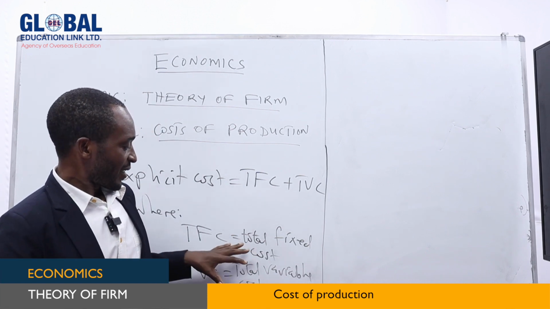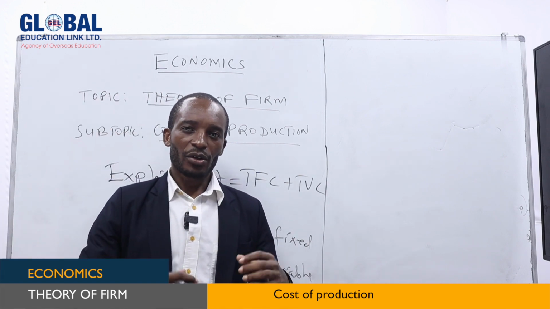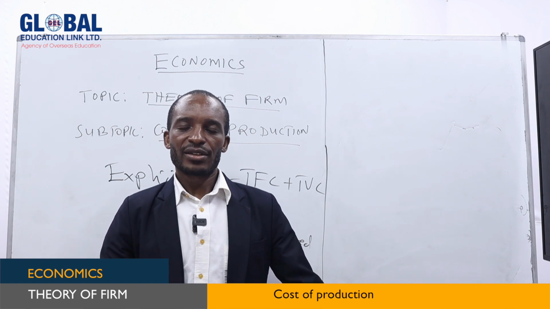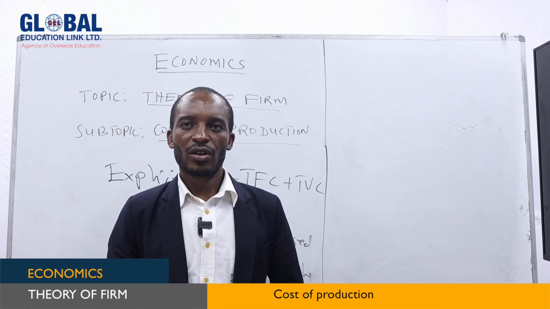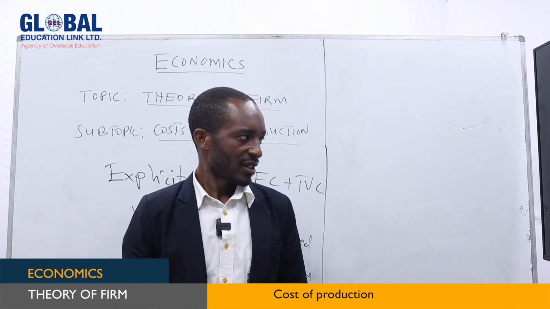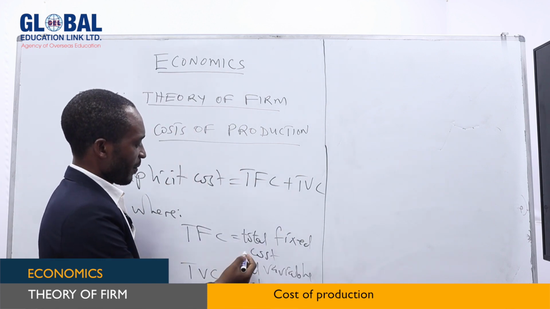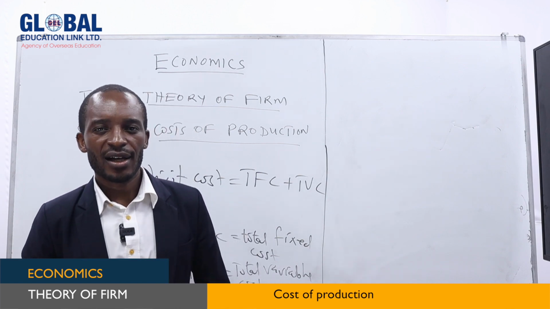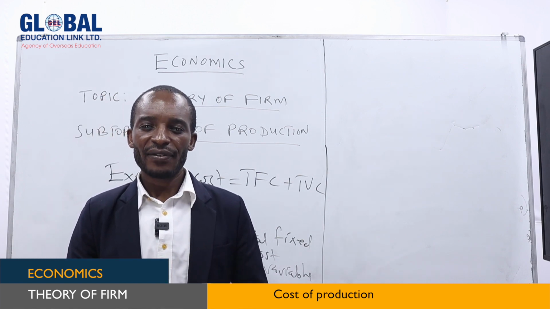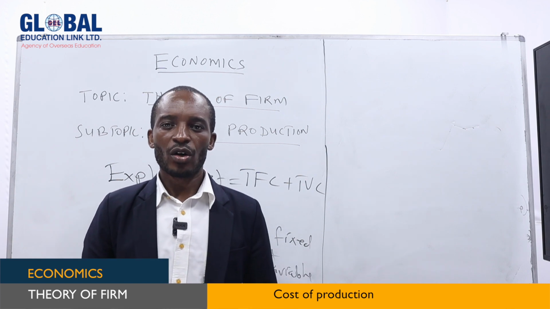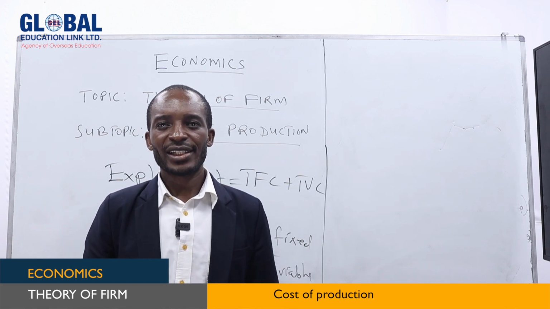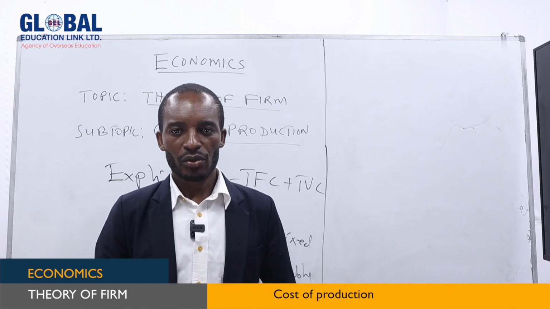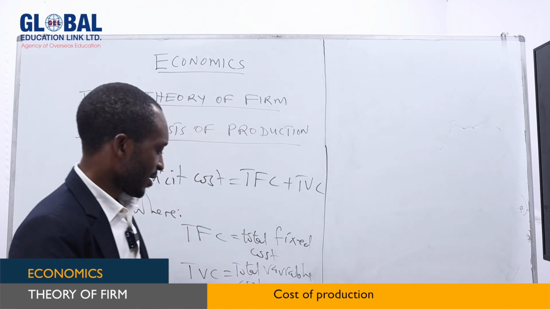When we say total fixed cost, we mean all costs that a firm incurs, especially when installing the factory or when buying machines. So this we call a fixed cost. And the total variable cost, these are costs or expenses that a firm incurs to buy raw materials or to pay temporary workers or wages to workers.